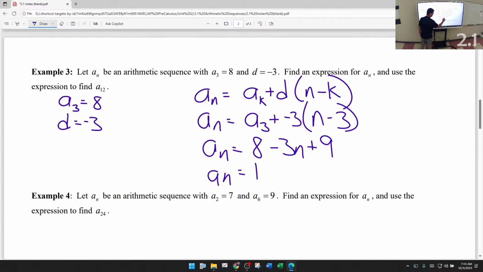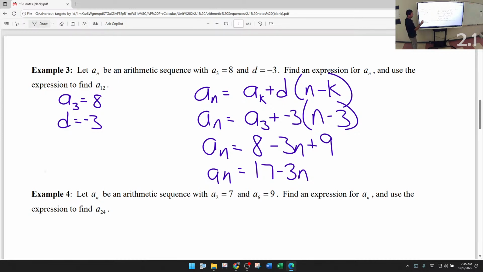So if you want to do 17 minus 3n, or negative 3n plus 17, just make sure the negative goes with the 3 and the positive goes with the 17. And then make sure the 3 goes with the n. Yes, no, maybe? So get comfortable with that formula.